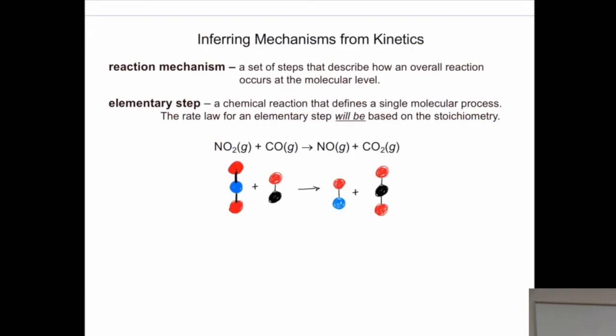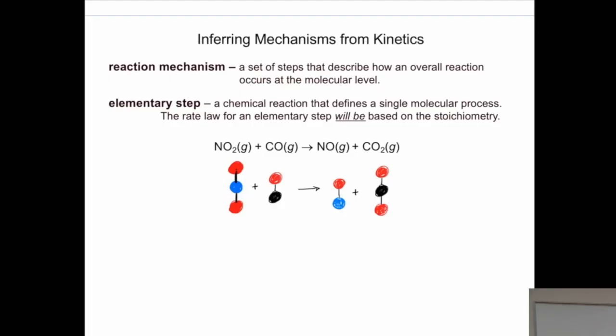So now we're going to come back to one of the concepts that we started with at the beginning of this chapter, which was looking at a reaction, trying to figure out what's the actual molecular mechanism of how the molecules interact and in what proportions to form a transition state, which then will resolve into the products. And this is an example of one of the first ones that we looked at.